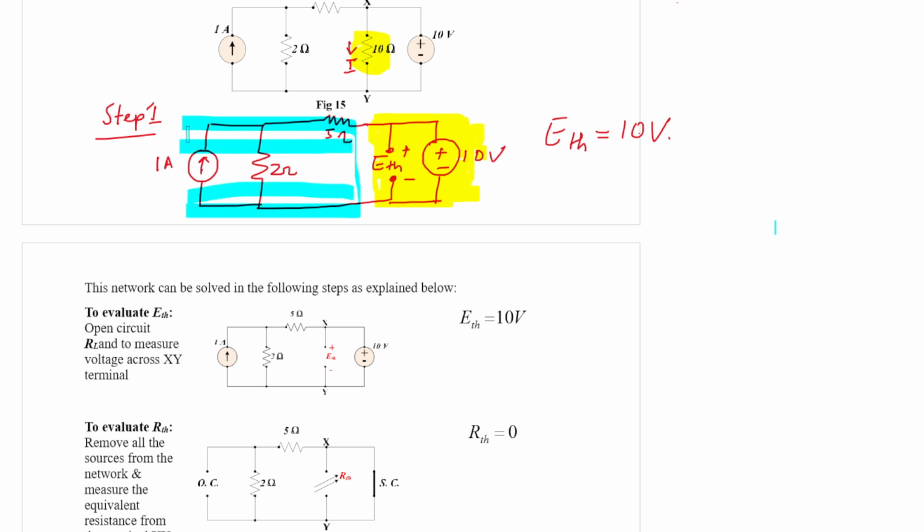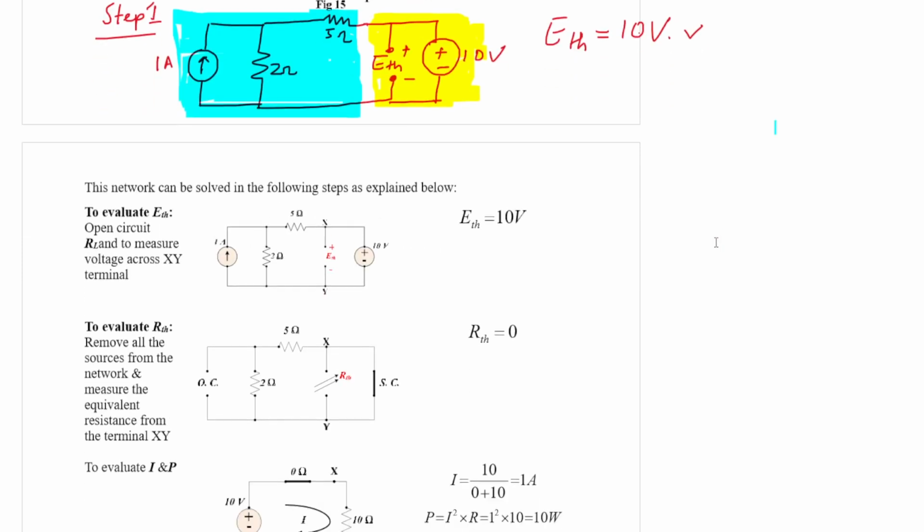It does not depend on the remaining part of this network shaded by blue. As we open the load, that source voltage, that is 10 volt, will be directly falling across this open circuited terminal, so we can directly write that Thevenin voltage is 10 volt. That is step number 1 for you.